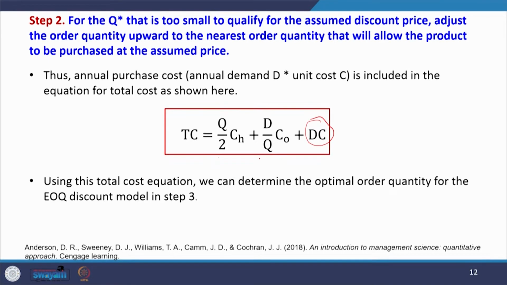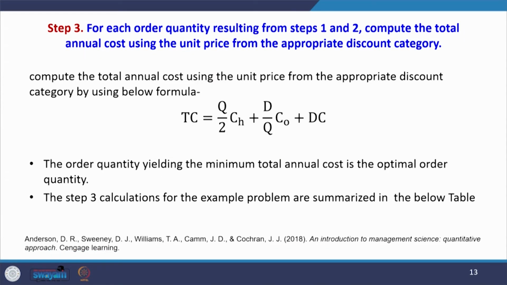So, using this total cost equation, we can determine the optimal order quantity for the EOQ discount model in step 3. In step 3, for each order quantity resulting from step 1 and step 2, compute the total annual cost using the unit price from the appropriate discount category.